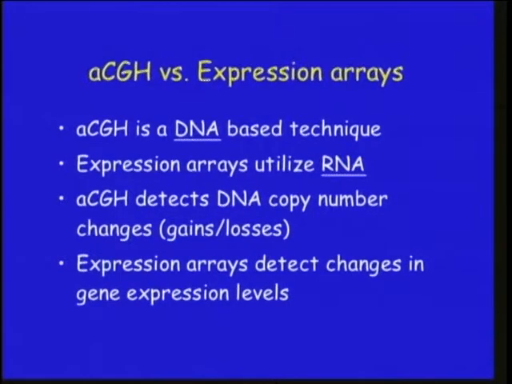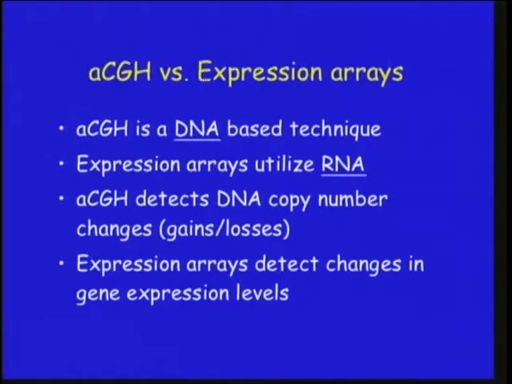So we don't have a lot of the same problems with Array CGH that you can encounter with expression arrays. DNA is much more stable than RNA is, so we don't have to worry about degradation as much. And we don't see fluctuations in DNA copy numbers like you can see fluctuations in gene expression levels that are due to things that are difficult to control, like ischemic time of tissue and hundreds of other variables.